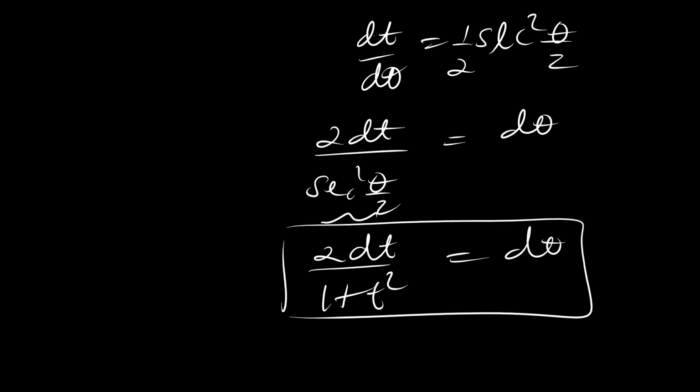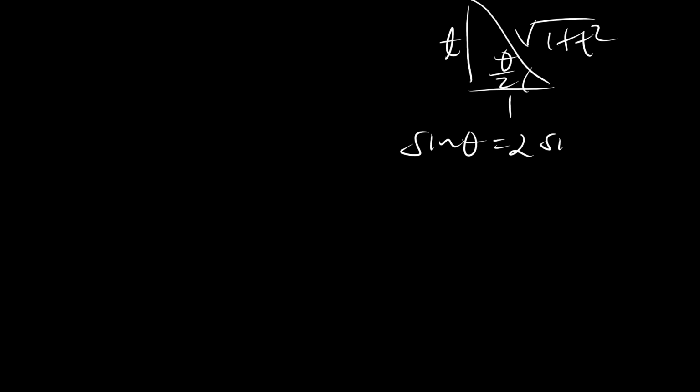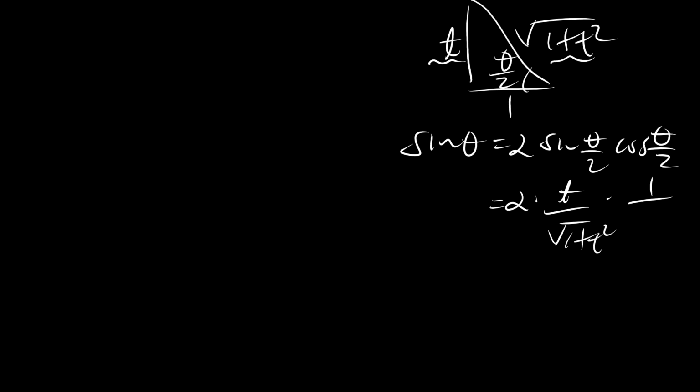Okay, so that being the case, and we know that if we have our triangle and this is theta over 2 and t is tangent theta over 2, which is opposite over adjacent, this is how our triangle is going to be, so that sine theta, which is 2 sine theta over 2 cosine theta over 2, is going to be equal to 2t over 1 plus t squared, right?